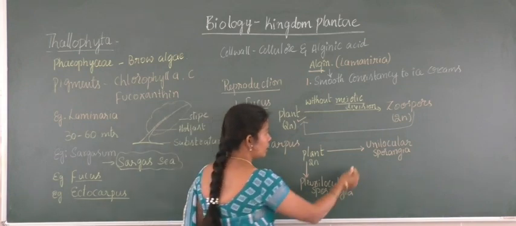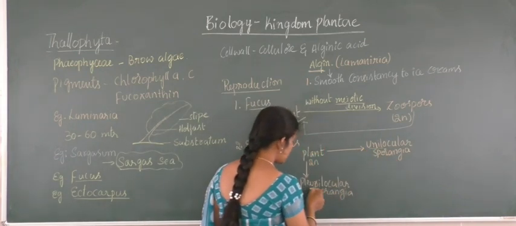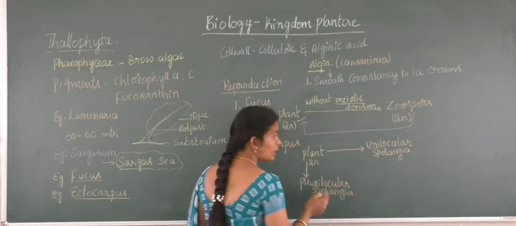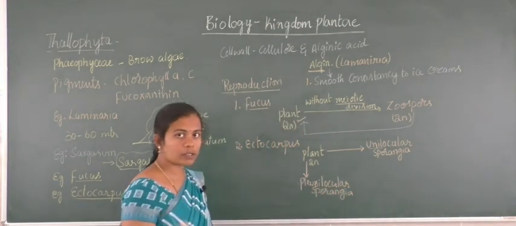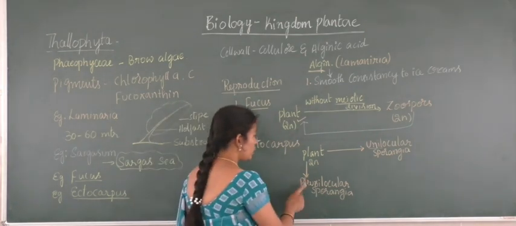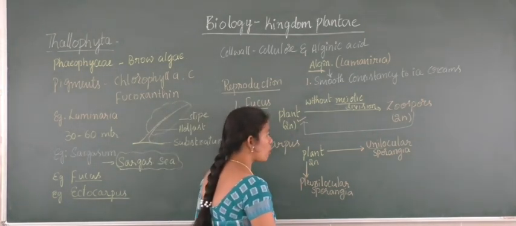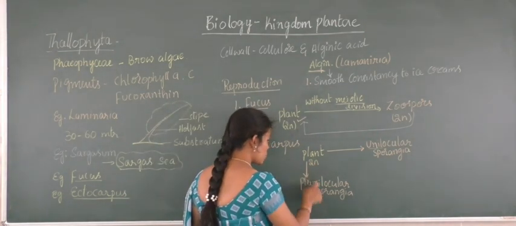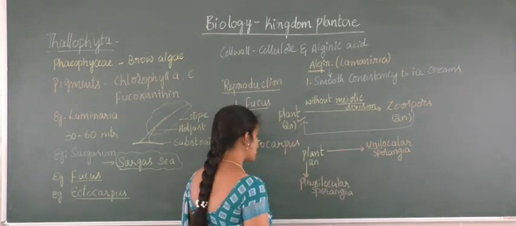Understood? Here unilocular sporangia and multilocular or pluri. Pluri means many. That's why plurilocular sporangia is formed. First we will go through this one and later we'll take up the next one.